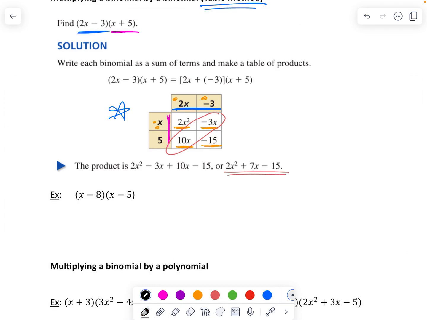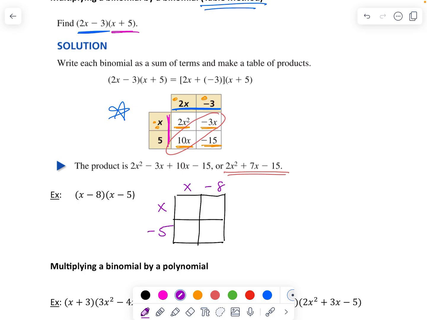Let's try the table method here with this example. So here we go. We're going to make our table. We're going to have x minus 8, and it doesn't matter if you put the x minus 8 on the top or the left side, as long as one's on one side, one's on the other.